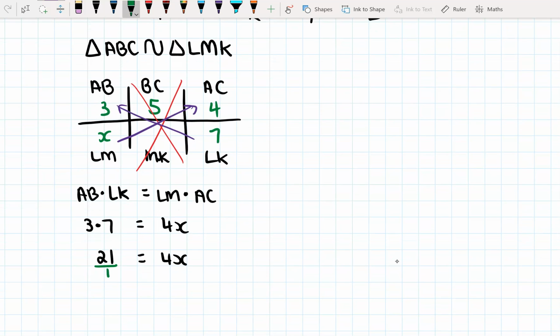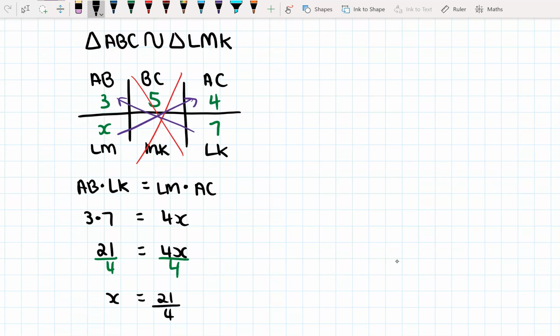Then we just need to divide by 4, and we will get x is equal to 21 over 4. We can leave it at that, or we can change this. In this case, 21 divided by 4 gives us 5 1/4, and I think that that's pretty nice for this one.